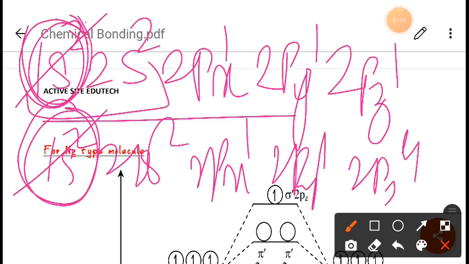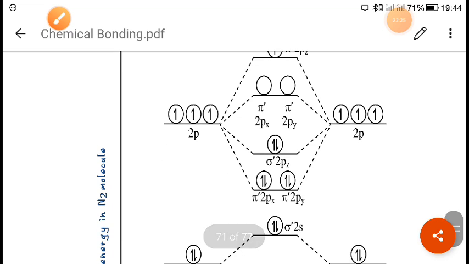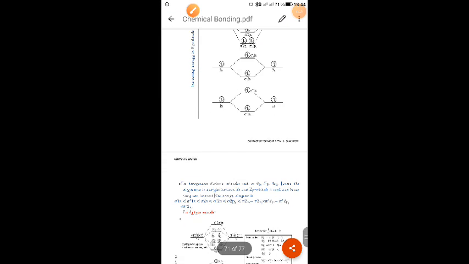When these two nitrogen atoms combine together, their atomic orbitals overlap to form bonding and anti-bonding molecular orbitals, as we have seen before. Let me turn it down here so that you can see clearly.